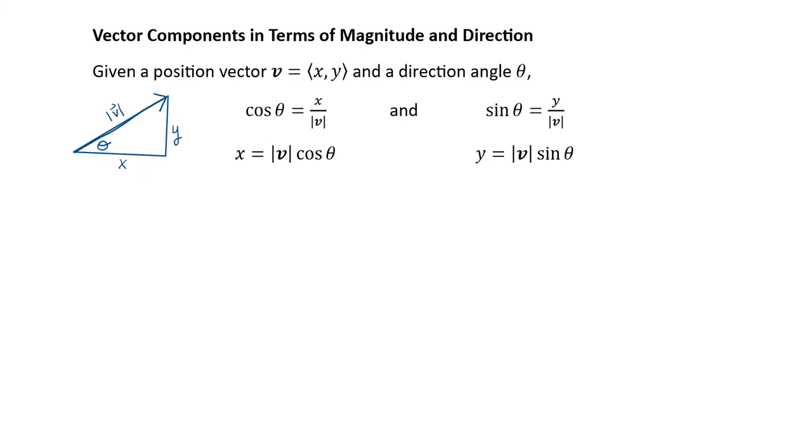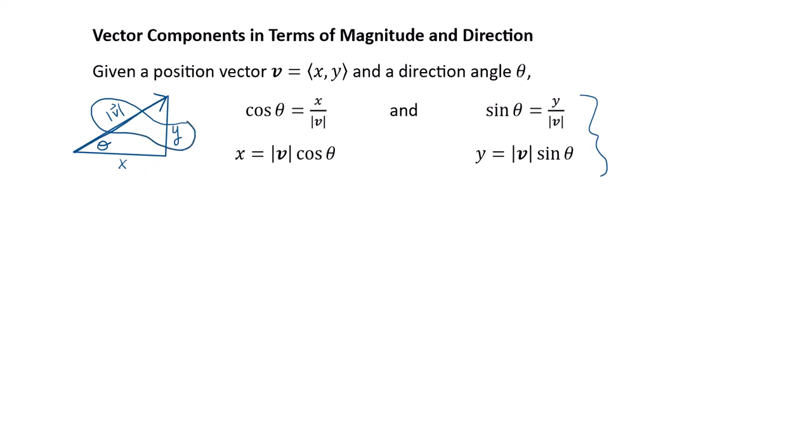So it's very clearly just right triangle trig. x is going to be equal to the magnitude of the vector times cosine of theta. The same goes for the sine of theta. The sine of theta is equal to y over the magnitude of v. Looking back at our triangle, the sine of theta is opposite over hypotenuse.